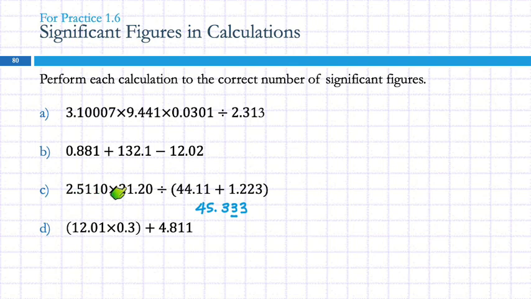Now I'm going to multiply and divide. So I'm going to do that and write down the answer. So 2.5110 times 21.2 divided by 45.333. Should I include that zero? Yeah, these zeros are significant zeros.